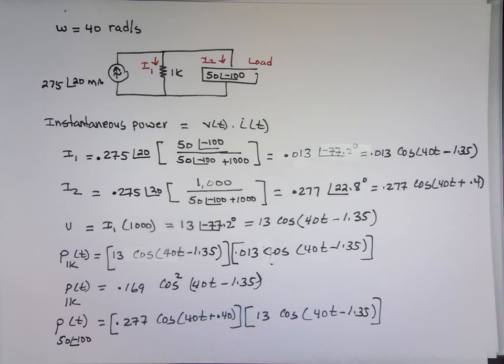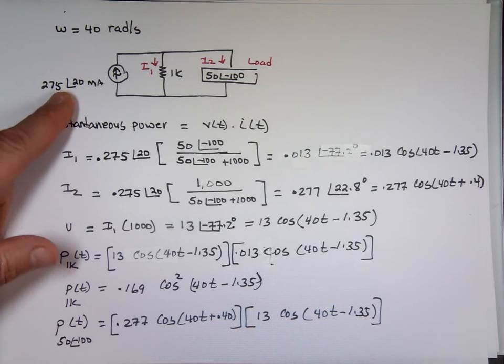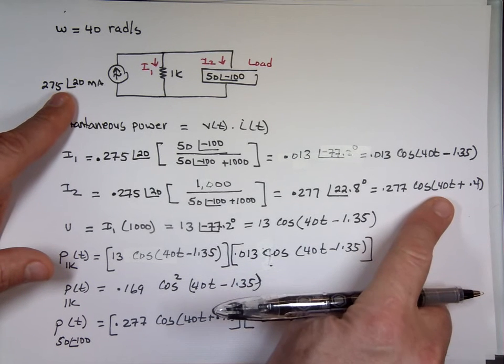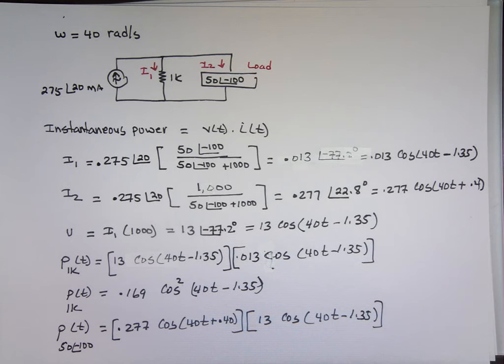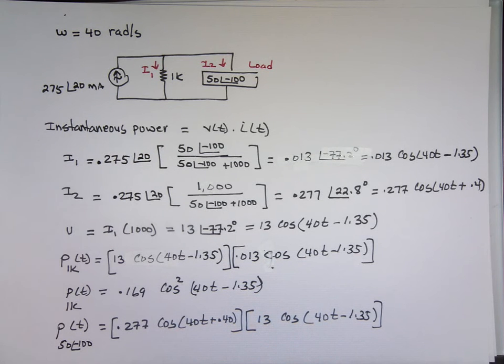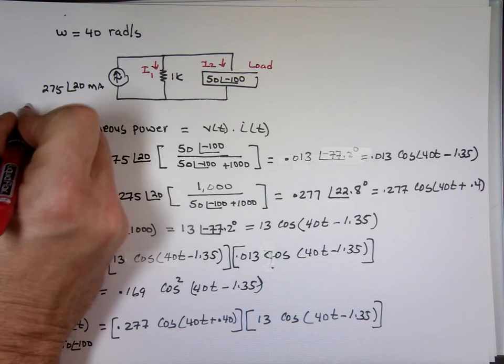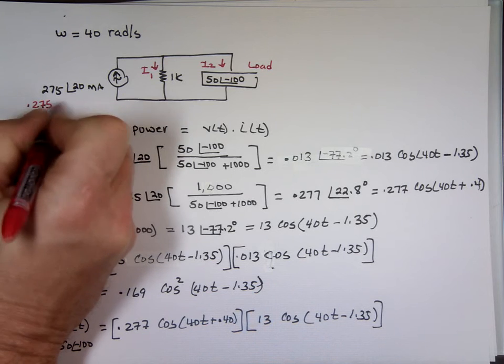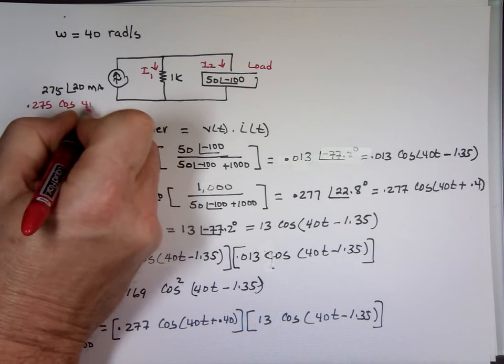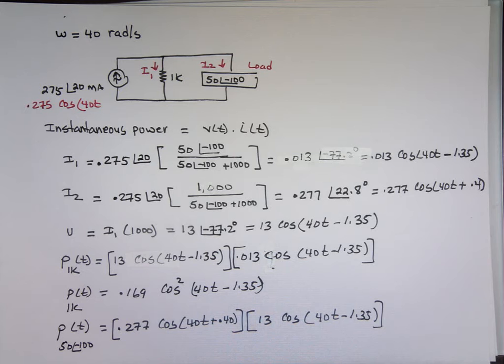For the source, you have to convert that to rectangular, to time domain, and multiply that by the current and the voltage. So in time domain, this will be what? 0.275 cosine what? 40t, and let's convert the 20. That's 20 times pi divided by 180, 0.35.